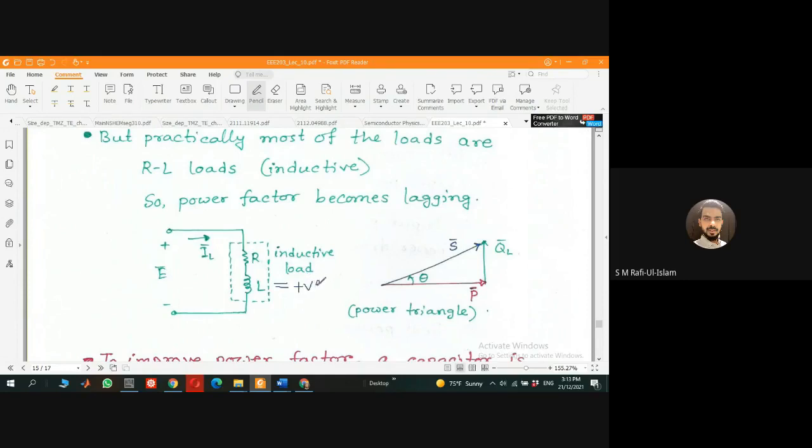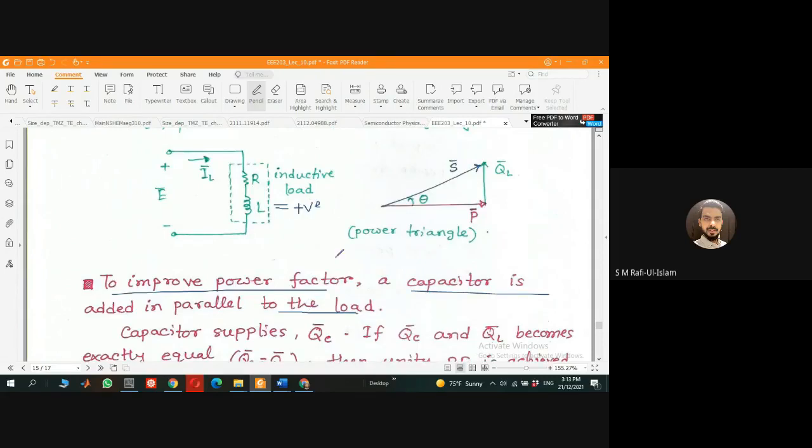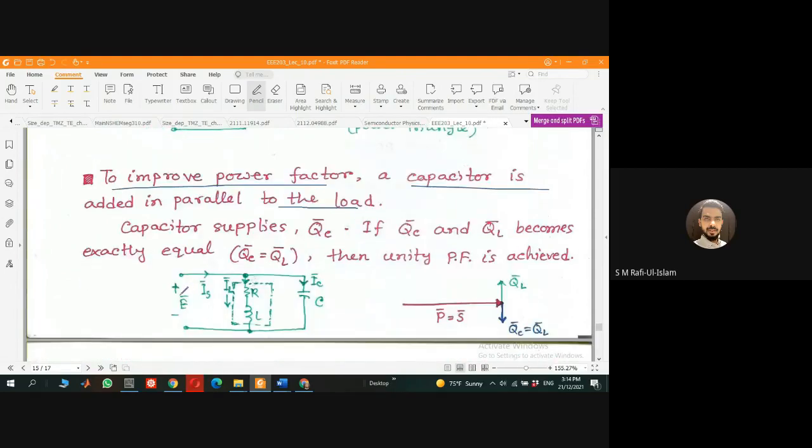So if I want to remove the reactive power, I need to add something with negative reactive power. Negative reactive power only comes from the capacitor. That's why the capacitor is added in parallel to the load, so that the contribution from the inductor and the contribution from the capacitor will cancel out. So this one is the case.